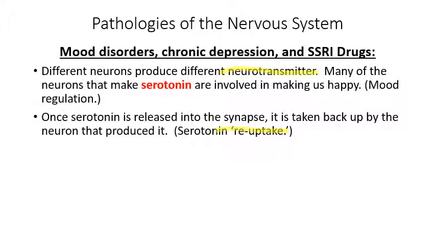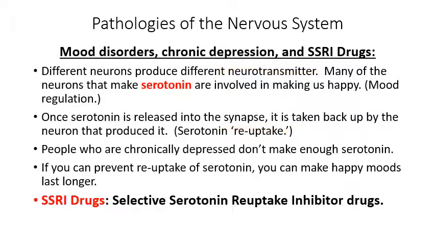And we can prevent the neuron from taking the serotonin back, but that drug will not interfere with any of the other neurotransmitters, right? So those drugs that prevent the serotonin from being taken back by the neuron that created it, this has the effect of increasing the general overall level of serotonin in your brain, which contributes to a more happy feeling, a longer lasting happiness.